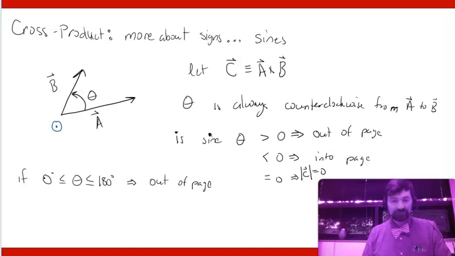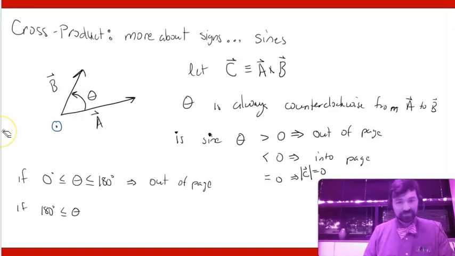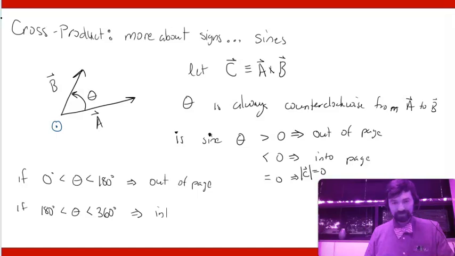And if 180 degrees is less than theta, and I probably should just say less than in both of these cases to keep with our threefold division here, then it's into the page or screen.